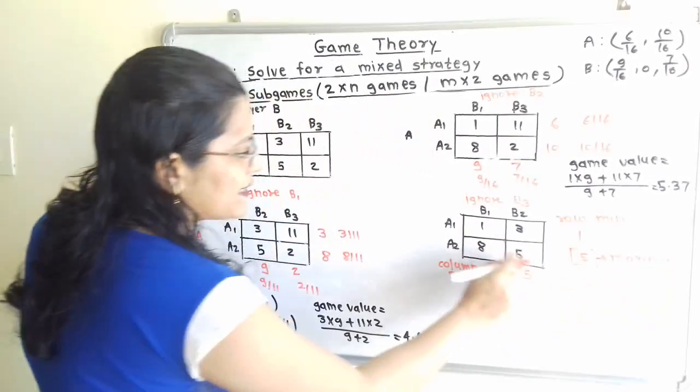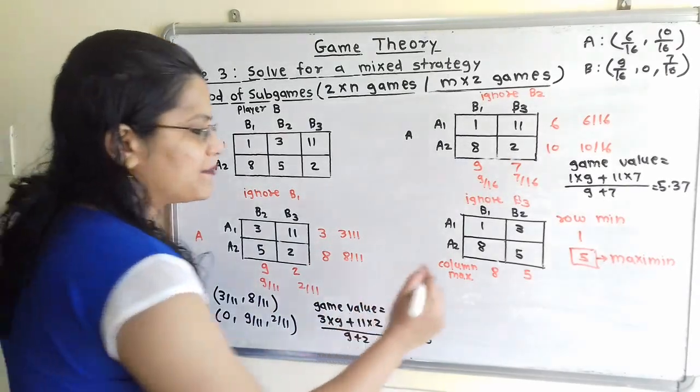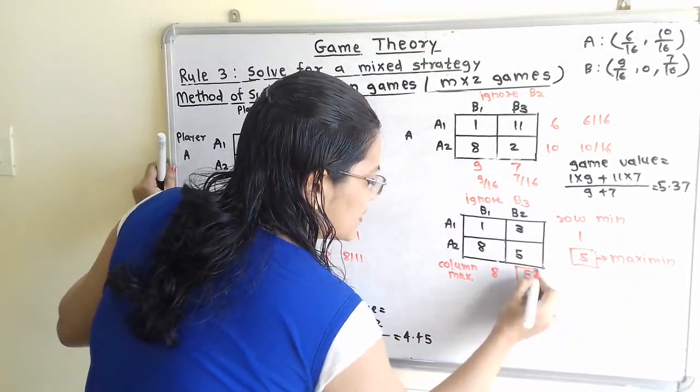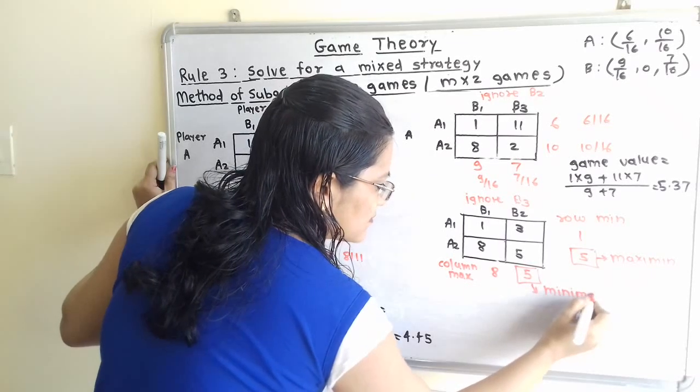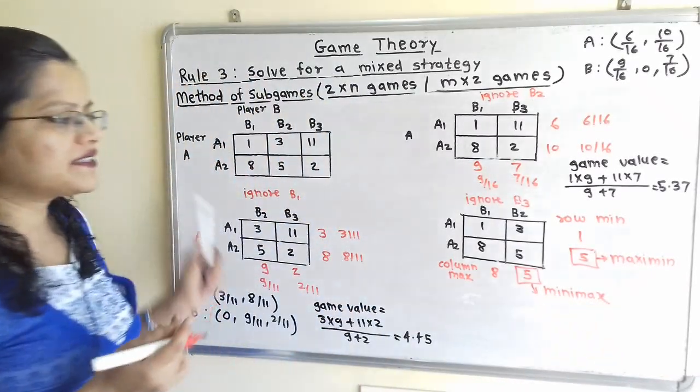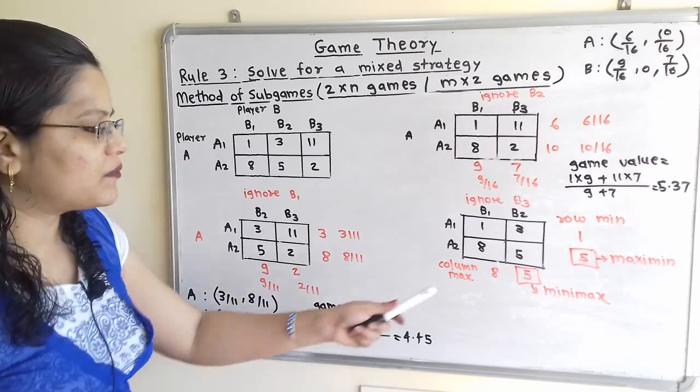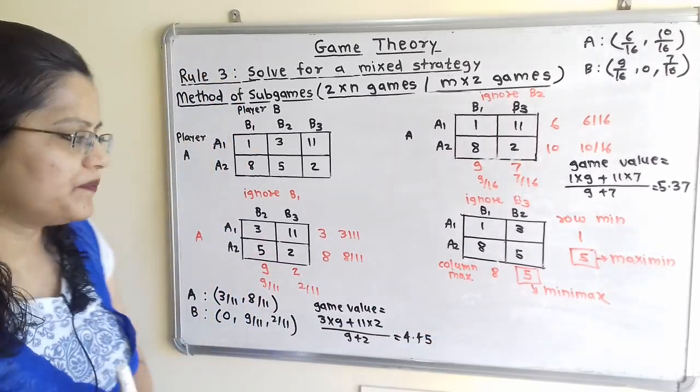How? If we observe, from these minimum values we have to choose the maximum, so this is the maximin. And from the maximum values we have to select the minimum, so this is the minimax. So here is the saddle point. What is the saddle point? The saddle point is 5.